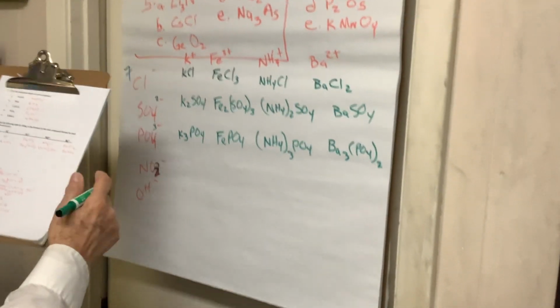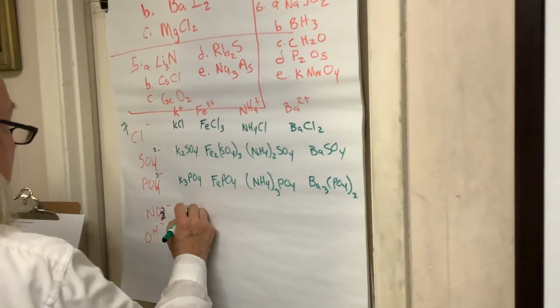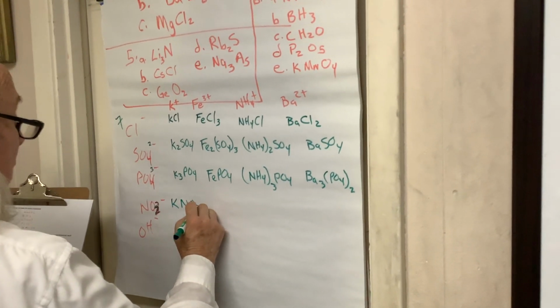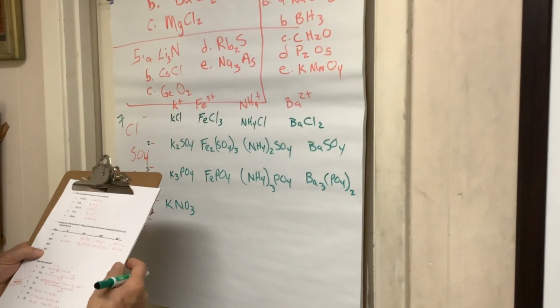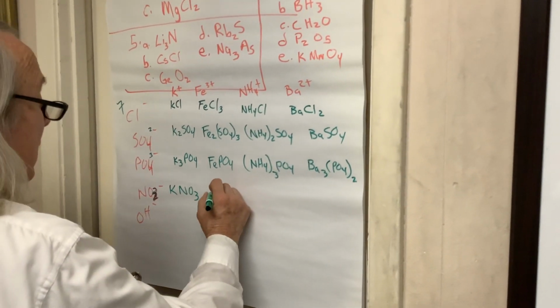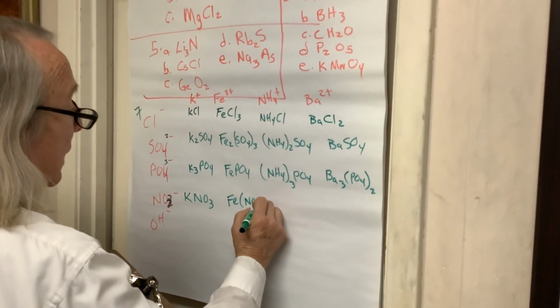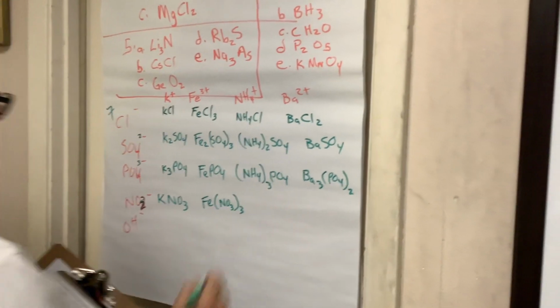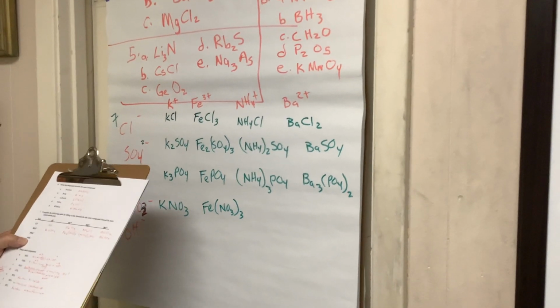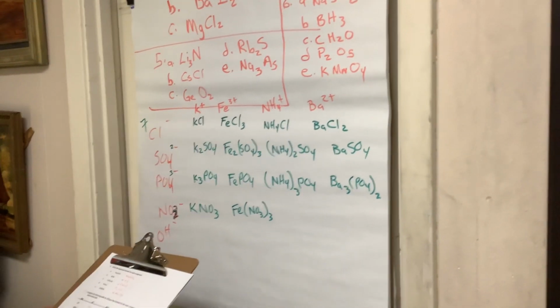For the nitrate, I have potassium nitrate, KNO3, also known as saltpeter, also used in explosives and things. Iron nitrate: iron is +3, nitrate's -1. I'm going to need 3 of the nitrates, which individually are NO3 minus.